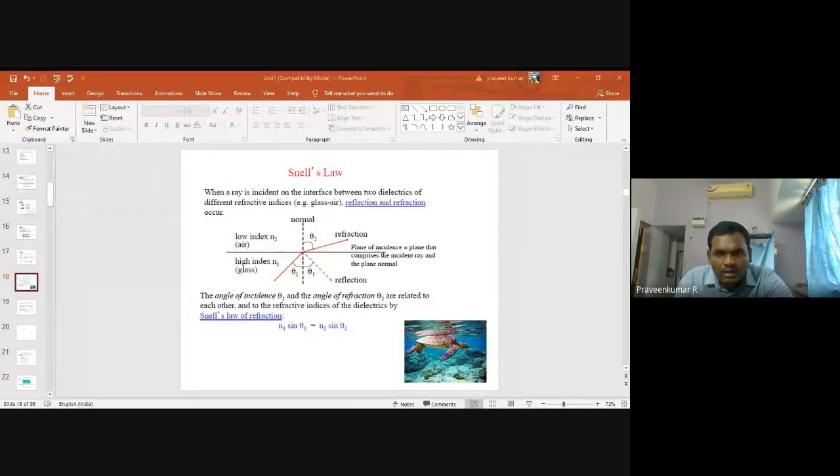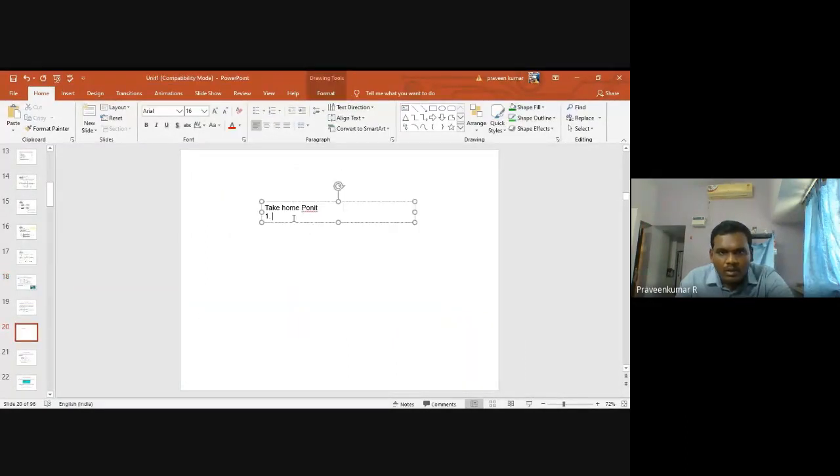Any other question? So these are the take-home points for today's session. We have discussed the refractive index, and as the second point, Snell's law.